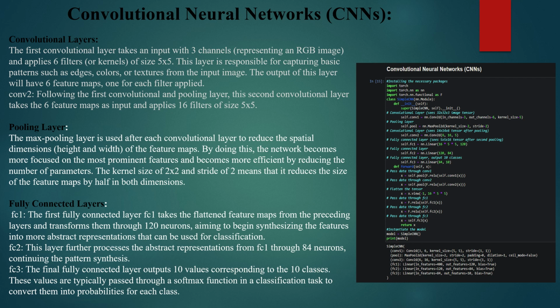The output is then flattened and passed sequentially through FC1, FC2, and finally FC3, the fully connected layers. So this overall code explains that the fully connected layer acts as a classifier on top of these features. Despite its simplicity, this model can capture the hierarchical structure of visual data and is capable of achieving remarkable performance on tasks like image classification, especially with the right training regime and hyperparameter tuning.